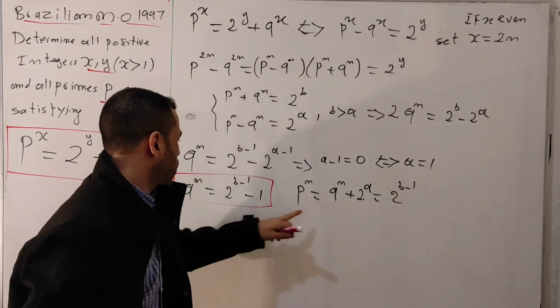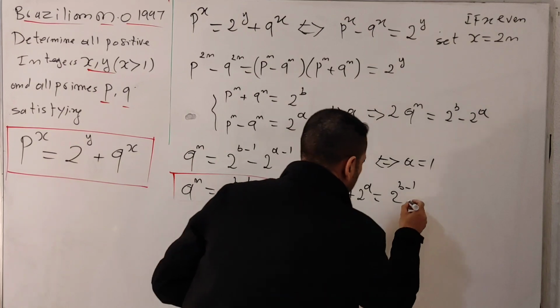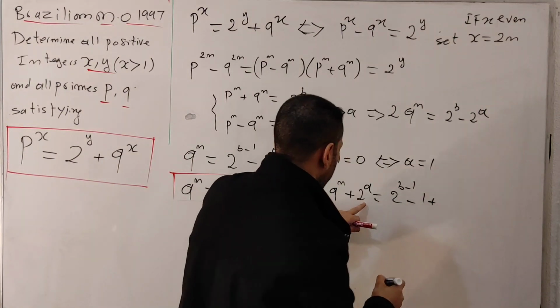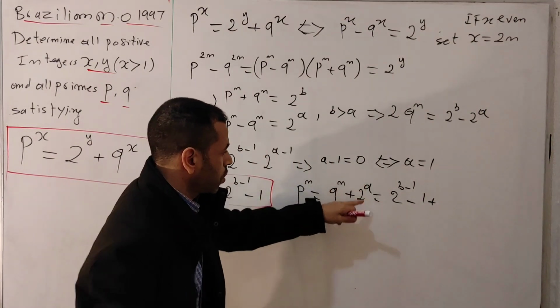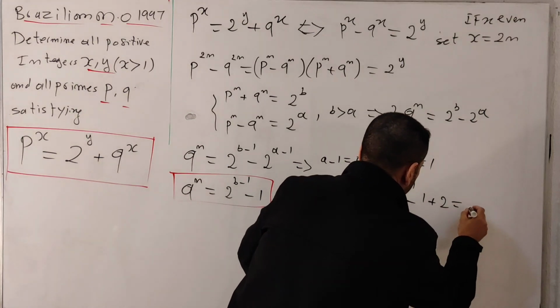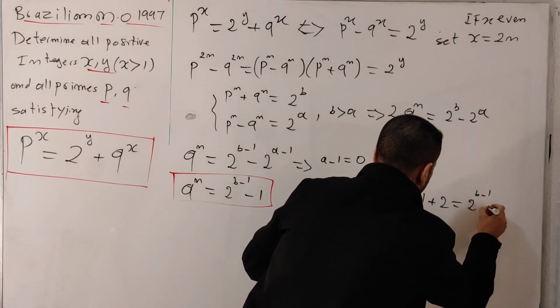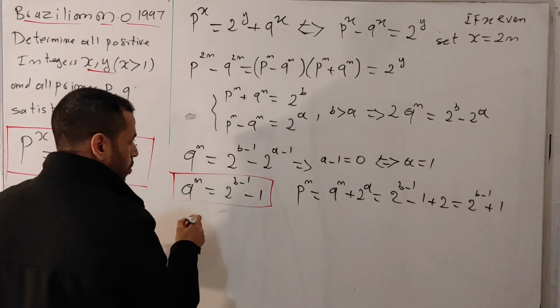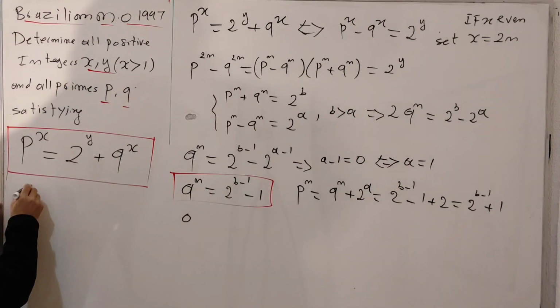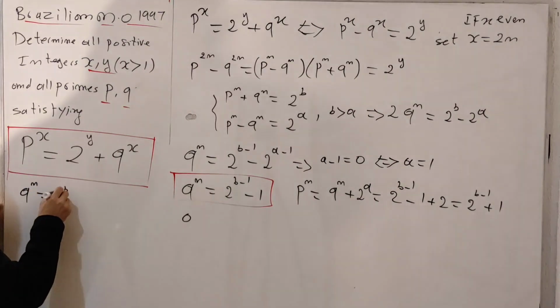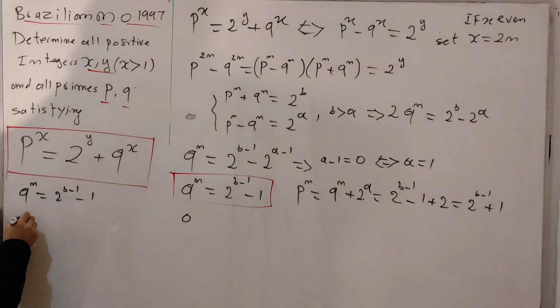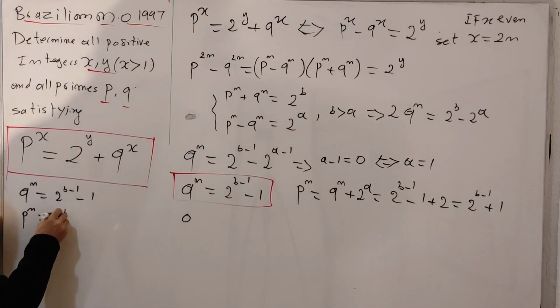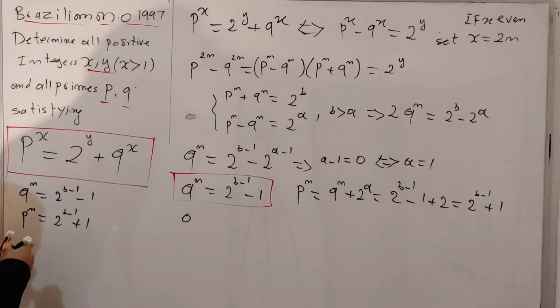I'm going to replace q to the n with its value, minus 1, plus this number 2 here, because 2 to the 1 is giving us 2 to the b minus 1 plus number 1. Okay, so we'll have the second equation. We'll have q to the n equals 2 to the b minus 1 minus 1, and also we'll have p to the n equals 2 to the b minus 1 plus number 1. So I'm going to keep these two equations for later.